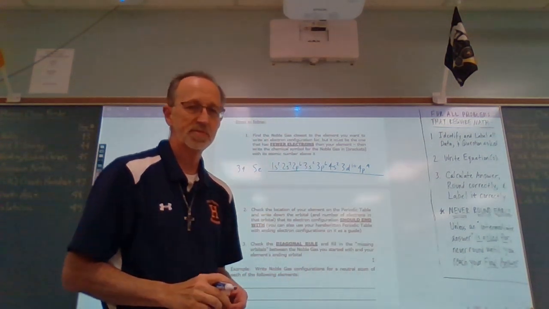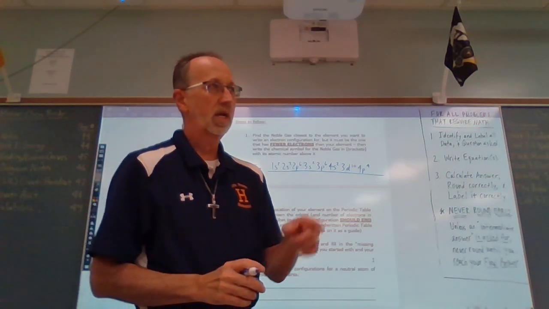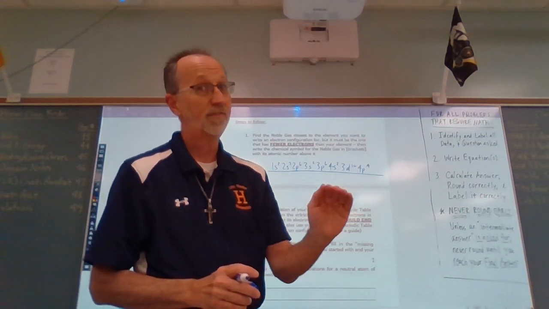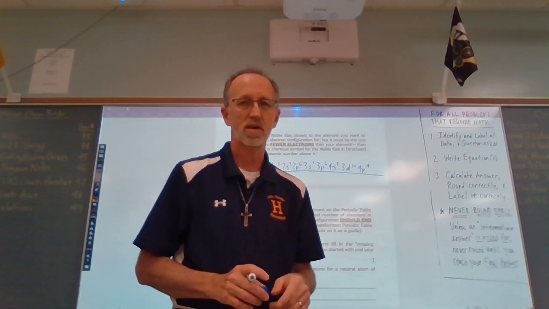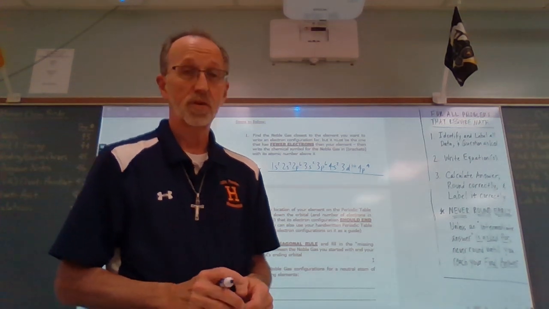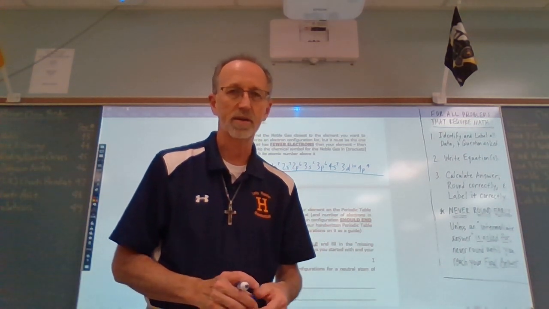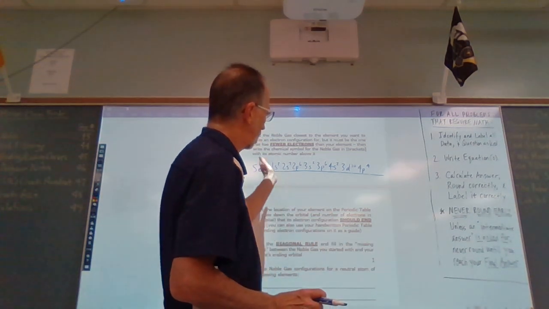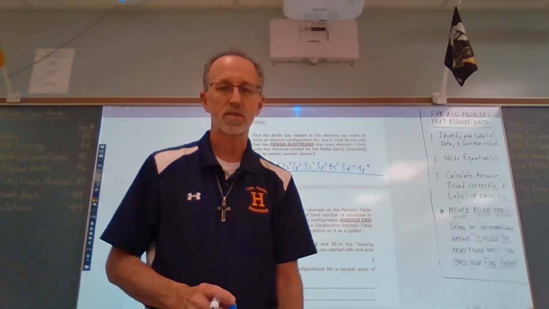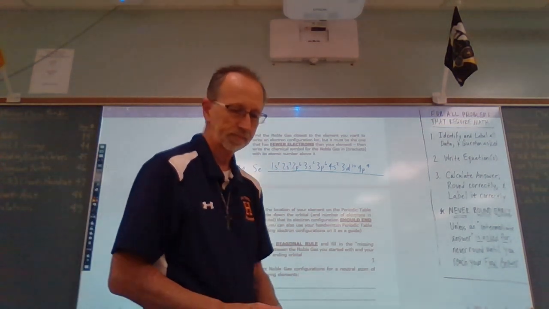If you look at selenium's position on the periodic table, it's the third row down in the P block, which is 2p, 3p, 4p. Remember, the P block doesn't start till energy level 2. And it is then the fourth one over, which is 4p4, which is exactly how we ended it here. So everything looks good. The superscript numbers all add up to 34 as they should. So again, two ways to double check that you did that correctly.